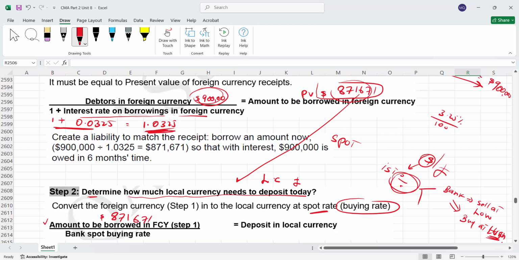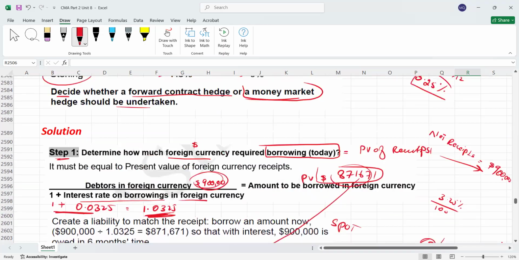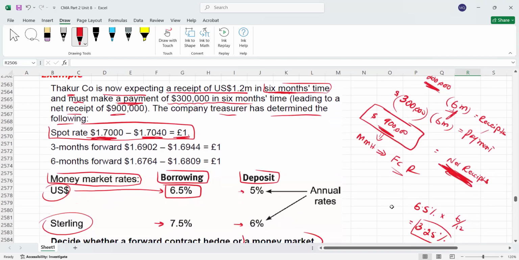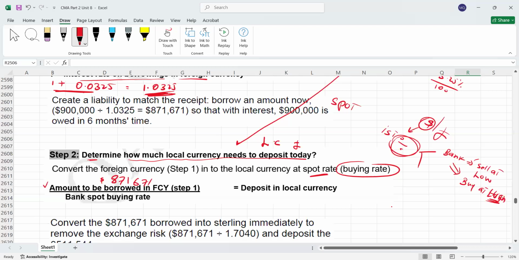Okay. Bank buying rate. Now you have to check the question. Go back to the question here. So if you look at here, this is the spot rate. This is the low rate. This is high rate. Because if you just follow this rule, bank buys at high and sell at low, right? This is what I told you. Bank sell at low, yes, and buy at high.